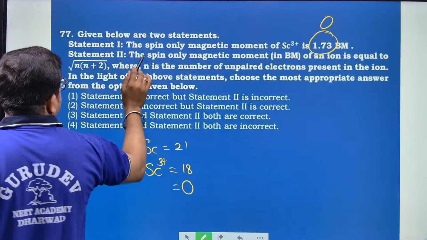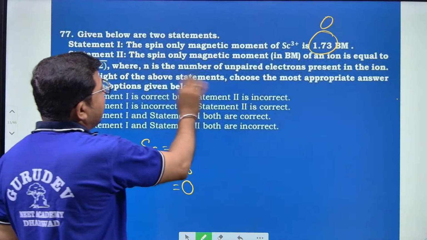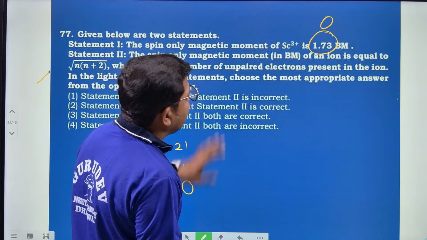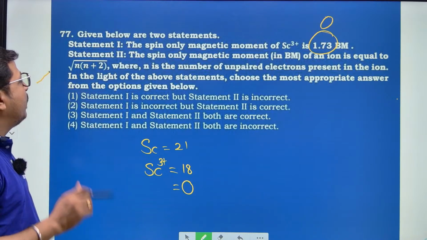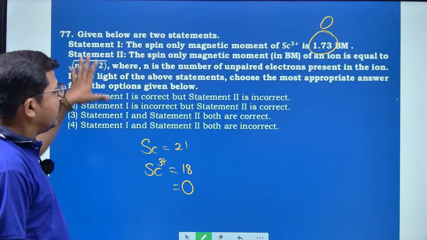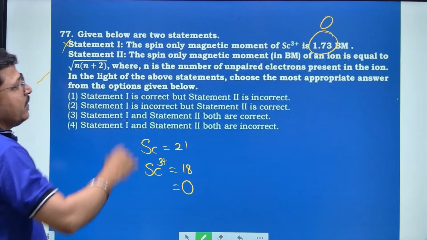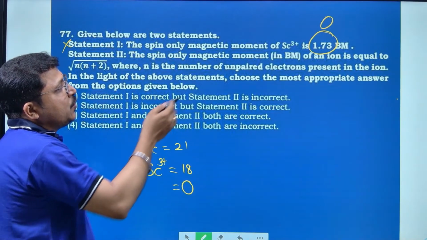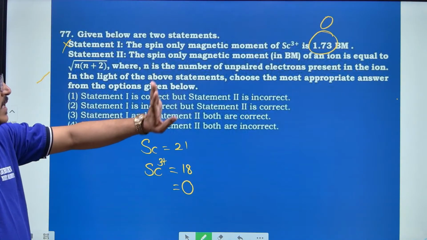And statement 2: the spin only magnetic moment of an ion is equal to the square root of n(n+2), where n is the number of unpaired electrons present in the ion. Among these two statements, statement 1 is wrong because they have given that scandium contains one unpaired electron, due to that reason its magnetic moment is 1.73.